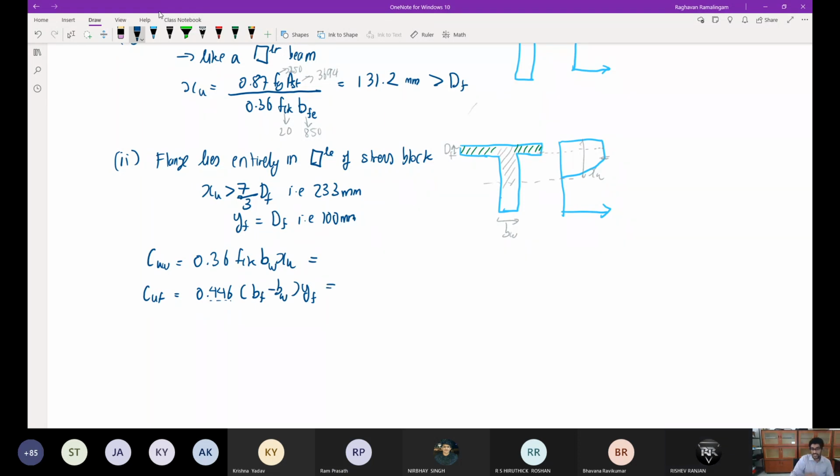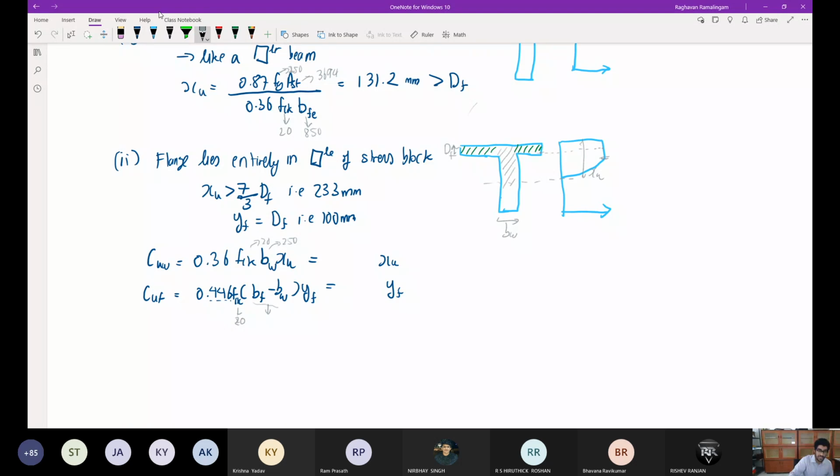Now just like yesterday, I would ask you to retain these two things in terms of XU so that we can use it in our next part also. So you get me this in terms of XU. FCK 20, BW is 250, XU we're going to keep as XU. 20, this will be 600.